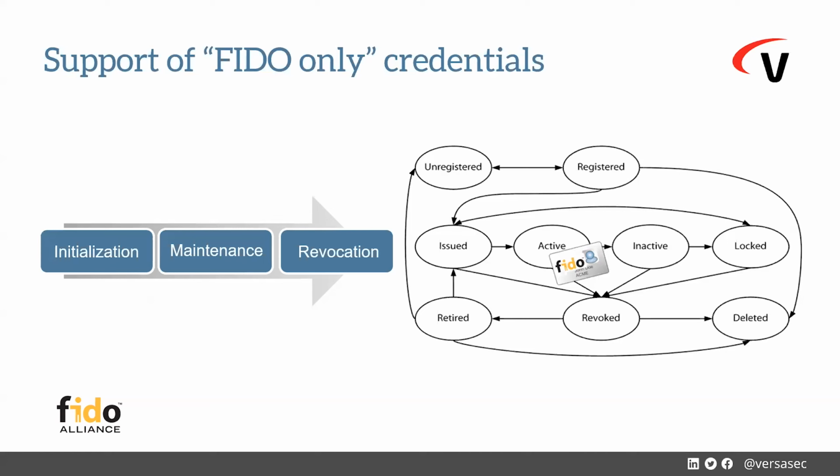During the initiation process or setting the PIN, for example, you have the option to set a PIN, although it's not mandatory as FIDO can be used without a PIN. We then publish the user's public key in the IDP. And for example, in case of revocation, we will remove the FIDO provisioning from the user, from the IDP, and then deregister the credential from the CMS repositories and database.